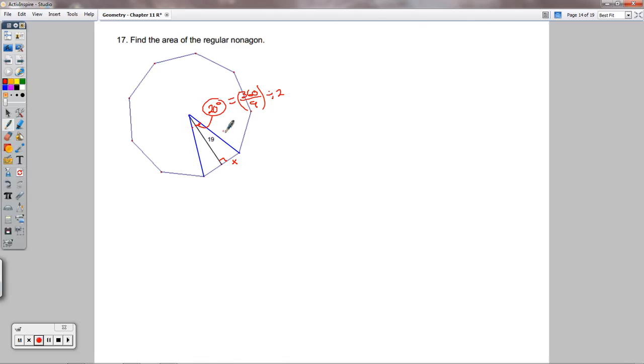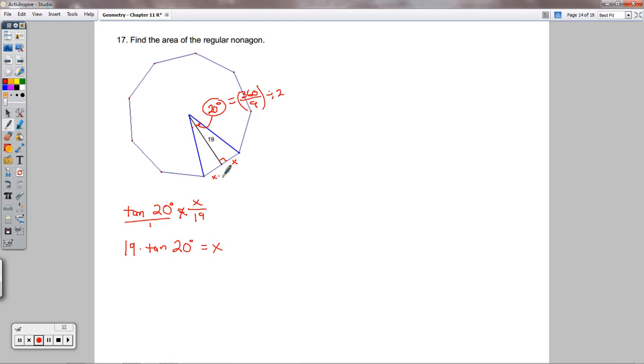We don't need the hypotenuse to figure this out. So we could say tangent of 20 equals opposite, x, over 19. Cross multiply and you get 19 times the tangent of 20. You could write that over 1 if that helps, and cross multiply like that. So 19 times the tangent of 20 would equal x.